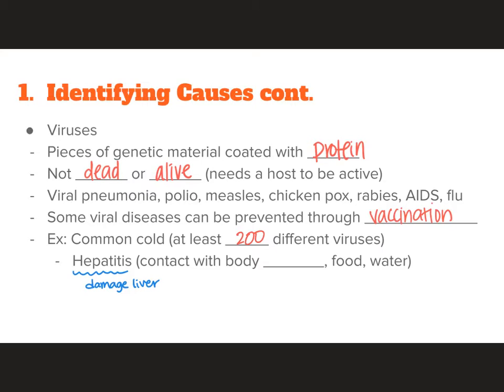You can get hepatitis by having a contact with body fluids or blood, and food and water that are contaminated. So as you can see, the best way to avoid having all these viral diseases is to get vaccination and wash your hands, because you may have different fluids entering your body without you knowing about it.